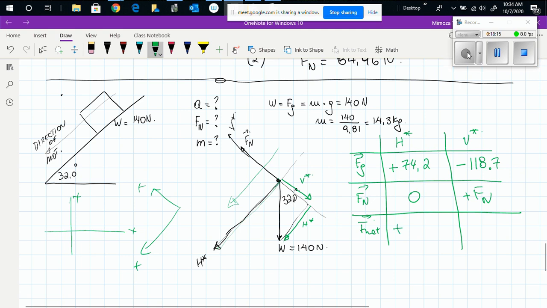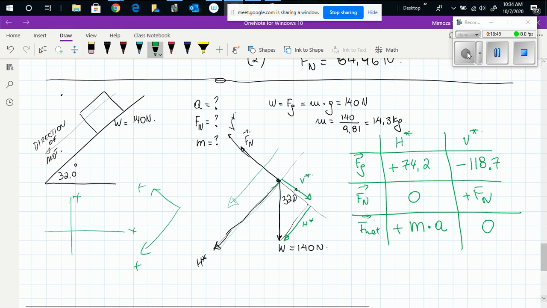Since it is moving from rest, that means it is accelerating, and that will be mass times acceleration. On the vertical axis it is not moving, so the position of the object along the vertical axis is not changing. Therefore force net in that direction is equal to 0.